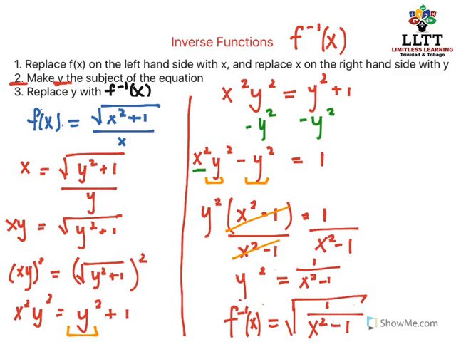And in order to find the inverse function, basically we follow these 3 steps: replace f of x on the left hand side with x, replace x on the right hand side with y, then we make y the subject of the equation, and when we've done all of that, we just replace y with f inverse of x. So that's what we've been doing, and this brings us to the end of this lesson with inverse functions.